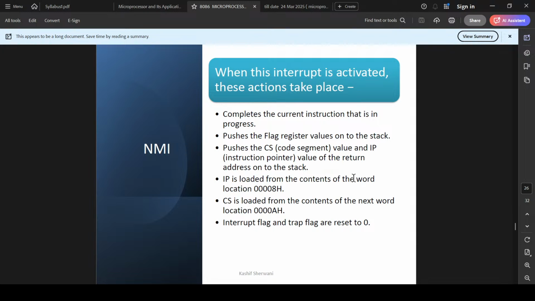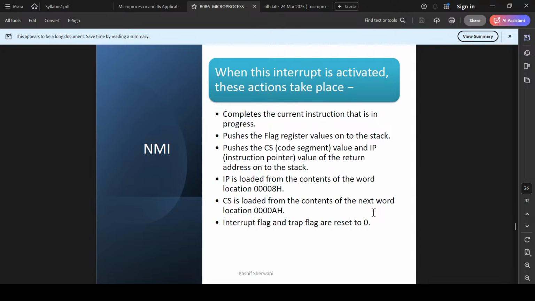IP is loaded from the contents of the word location 0008H. CS is loaded from the contents of the next word location. Interrupt flag and trap flag are reset to 0. So let's write it down.